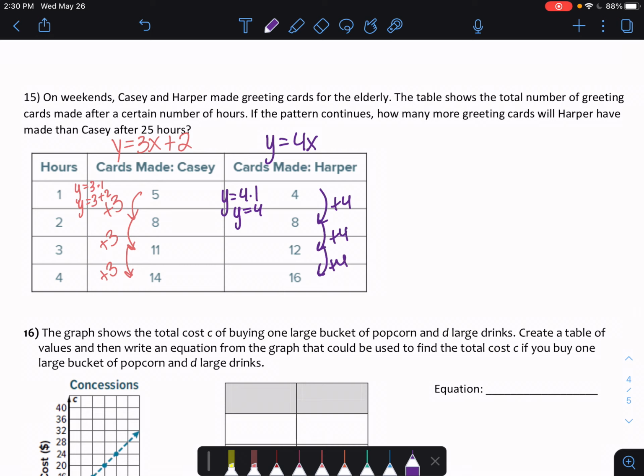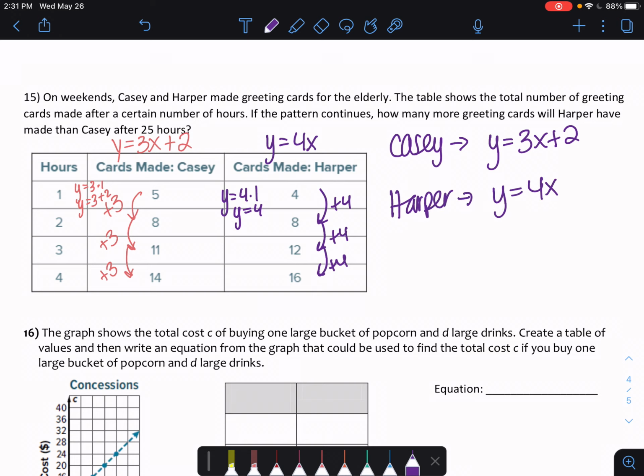So I've got Casey: y equals 3x plus 2, and Harper is y equals 4x. Now in this situation, y represents the cards, and x represents the hours.